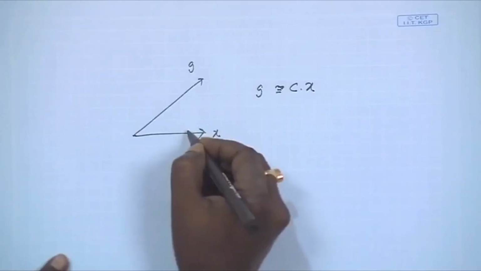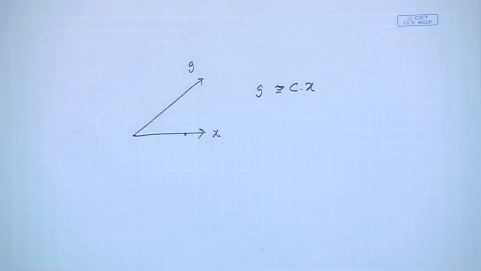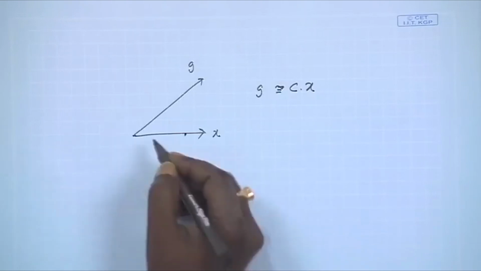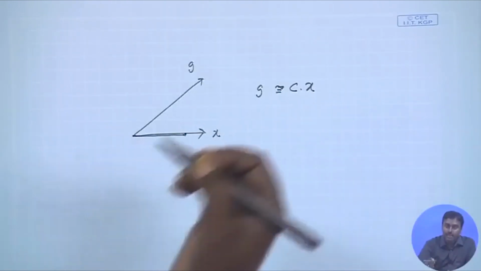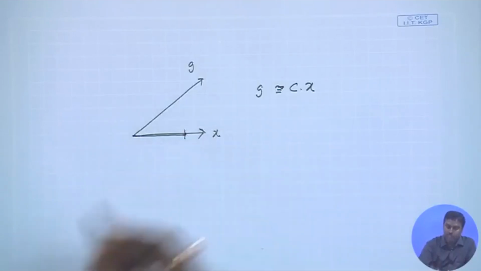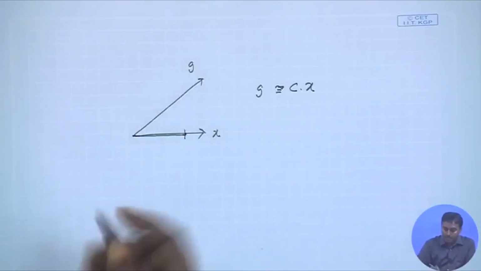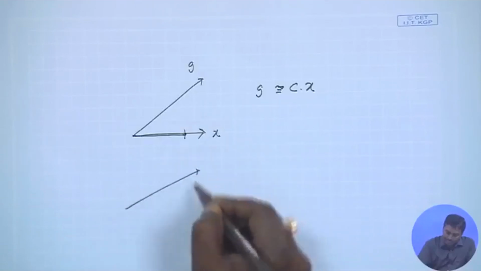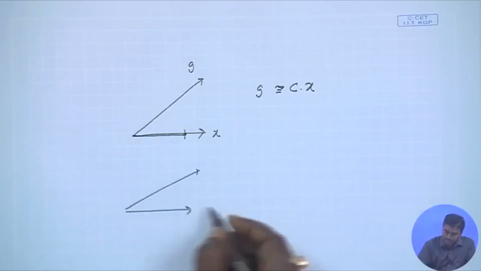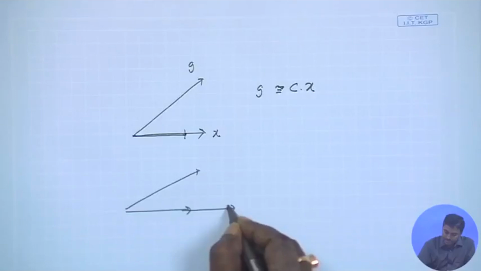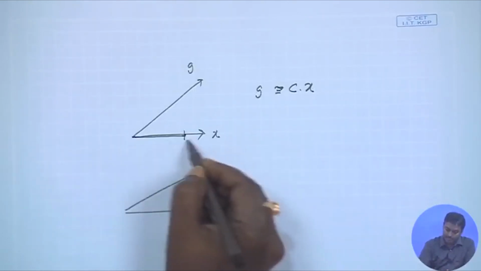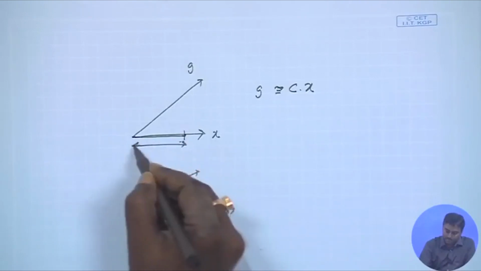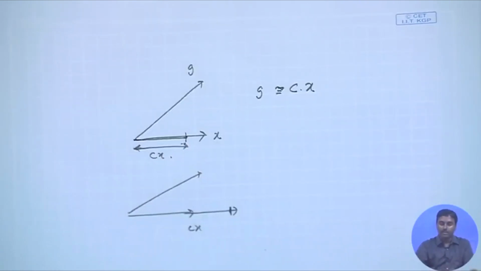If I put C this much, let us say C is defined in such a way that Cx is up to this, or I can also define it in such a way that C is up to this. So this is Cx, and here up to this is Cx, okay.